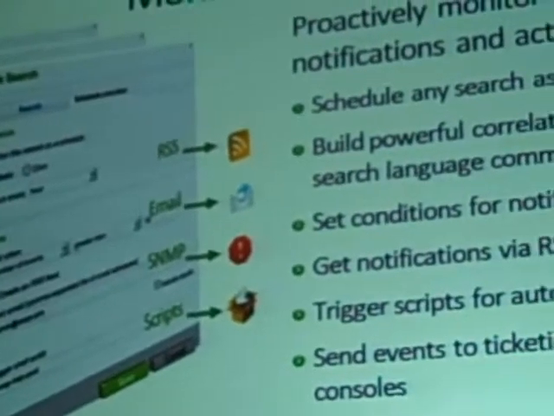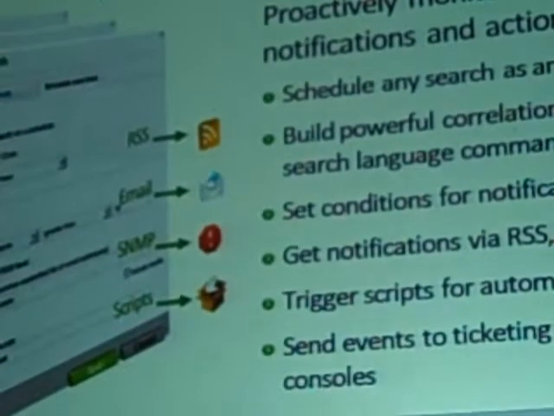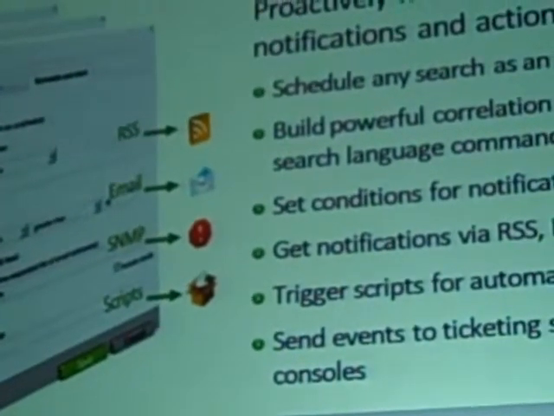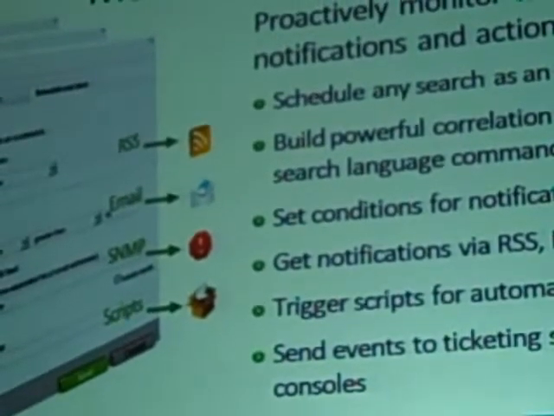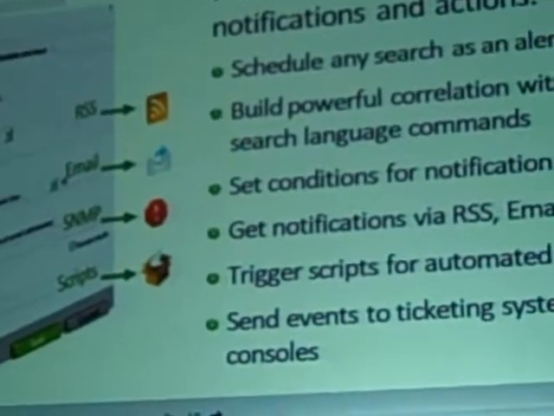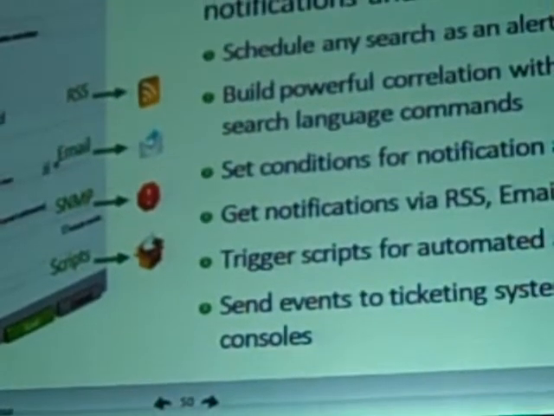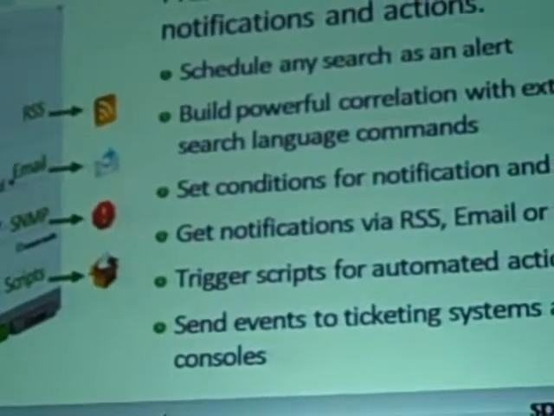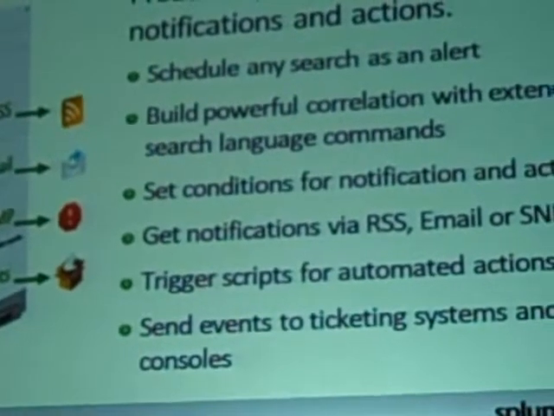So, monitoring and alerting: based on search, you can schedule any search to run on an interval and proactively monitor. And the search language, once you have the structure on your data, lets you go beyond free-form Boolean search, where you're just doing simple keyword matching and simple and/or/not logic.